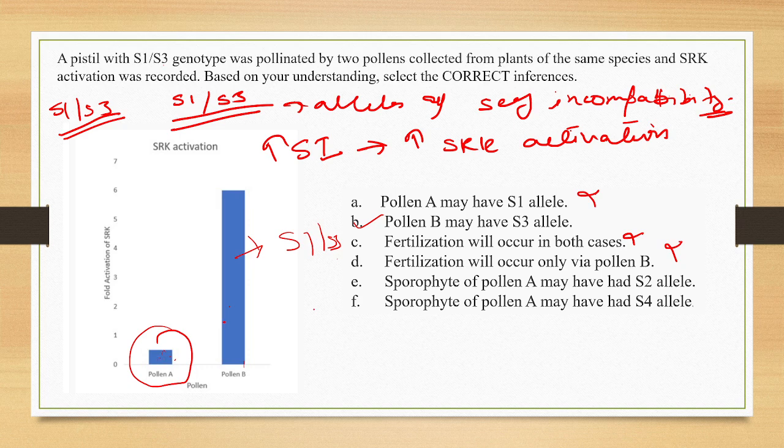So pollen A may have S2 allele or S4 allele, because any allele other than S1 and S3 can be present in pollen A. So these two are the correct statements. So your correct statements are B, E, and F.